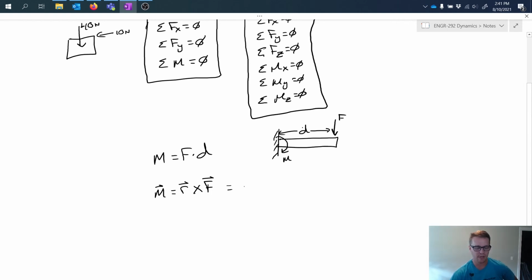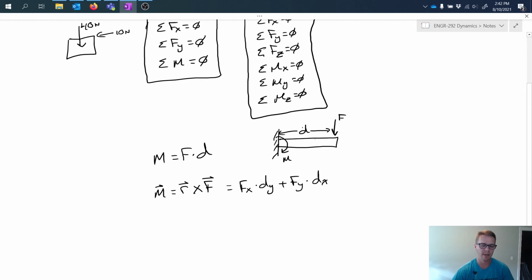I can write this out or expand this out in a two-dimensional Cartesian coordinate system by writing fx times dy plus fy times dx. Now what I'm doing here is saying that the x component of my force gets multiplied by the y component of my position or distance, so that's the y distance, and that gets added to the y component of my force multiplied by the x distance.